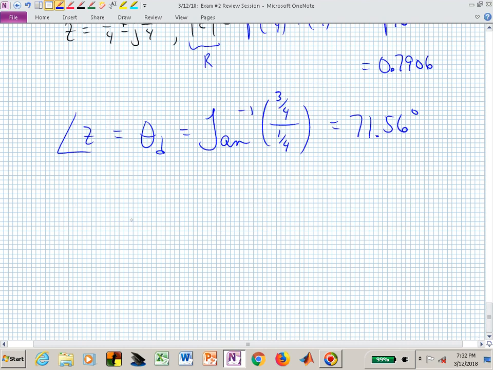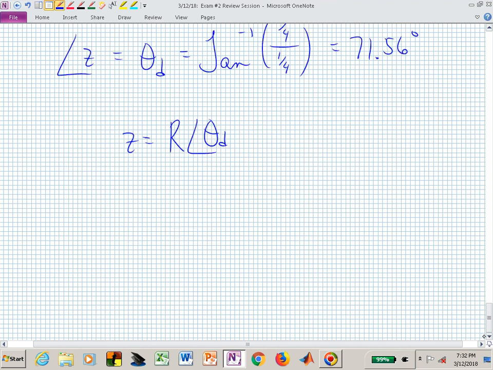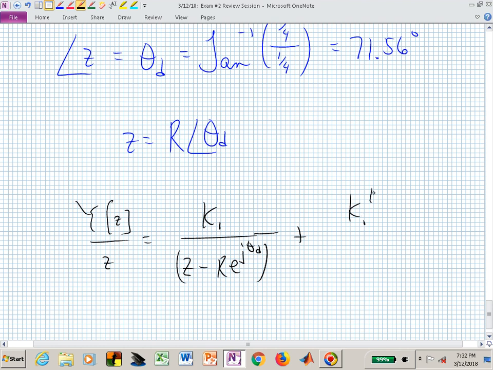Meaning, if you wanted to, you now have z equal to R at an angle of theta sub d, and you could say, oh, Y of z over z is now some K1 over z minus R e to the j theta sub d plus K1 star over z minus R e to the minus j theta sub d.